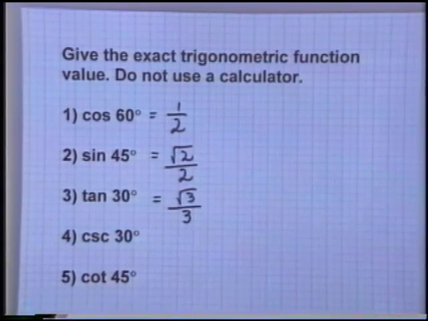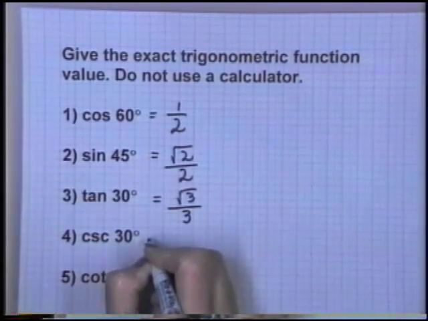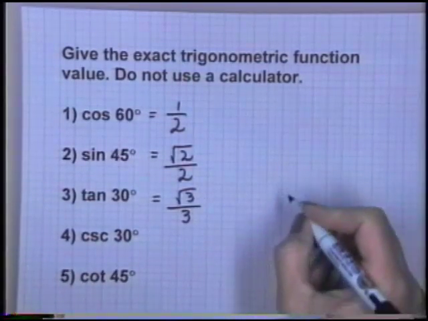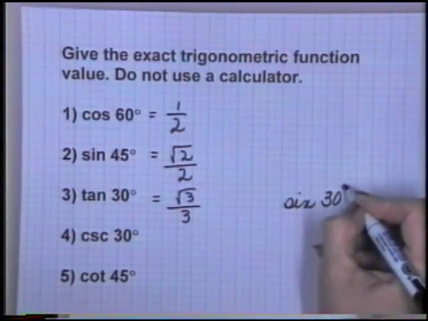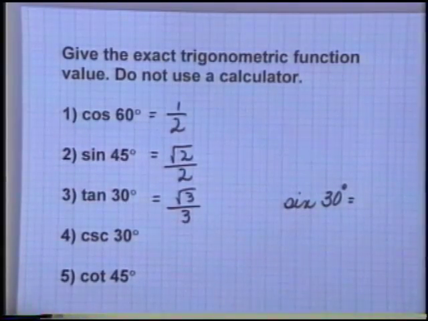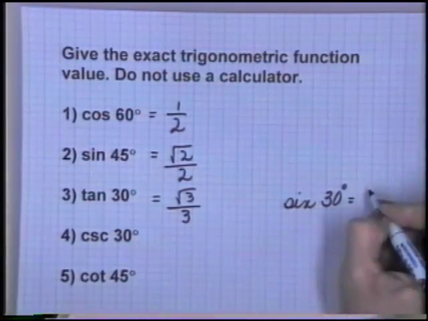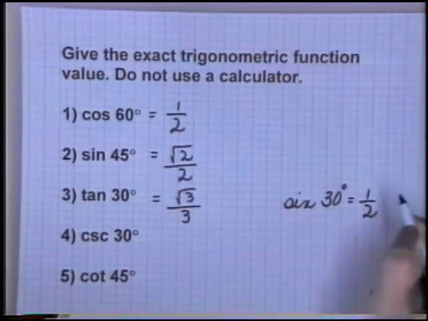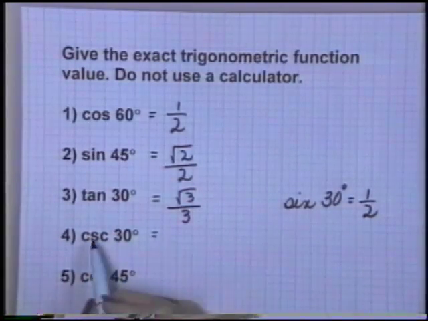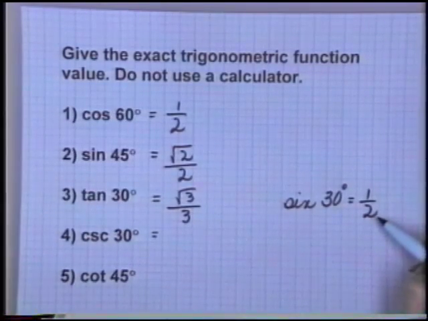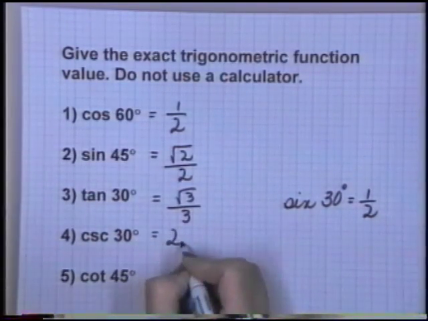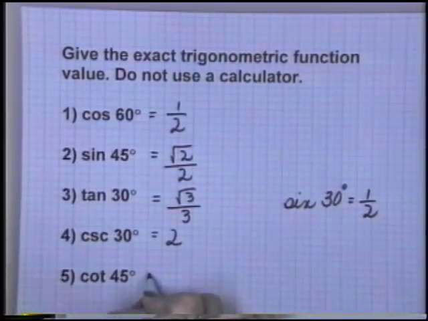Now, on problems 4 and 5, those are reciprocal relationships. So when they ask us for the cosecant of 30 degrees, we're going to think first we're supposed to know what the sine of 30 degrees is, and of course the sine of 30 degrees is 1/2, and then we're supposed to know that the cosecant of 30 degrees is the reciprocal of 1/2, which of course would equal 2.